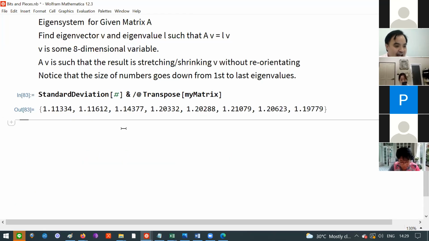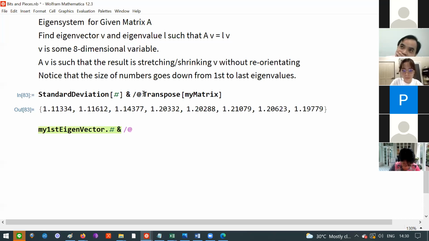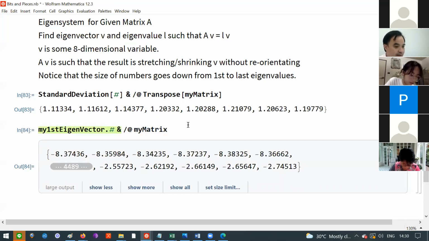If I take the first eigenvector, and I dot it and apply it to the matrix, I'm going to get a series of numbers.